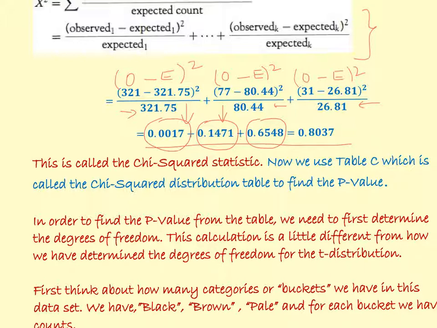These are called the chi-squared components. These are the components that add up to the chi-squared statistic. So this is the component for the black seed, this is the component for the brown seed, and this is the component for the pale seed. And they add up to 0.8037.